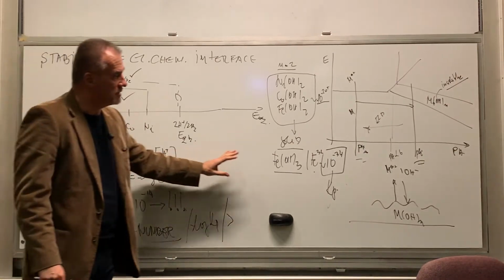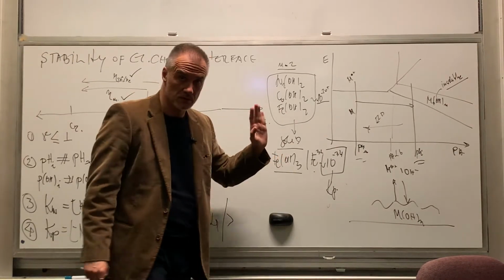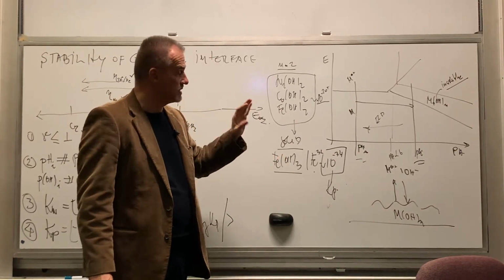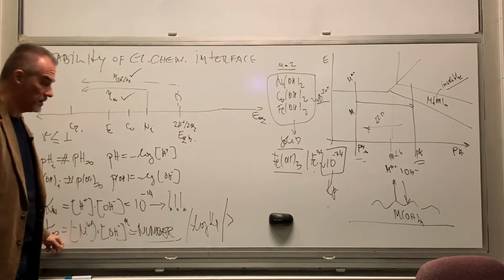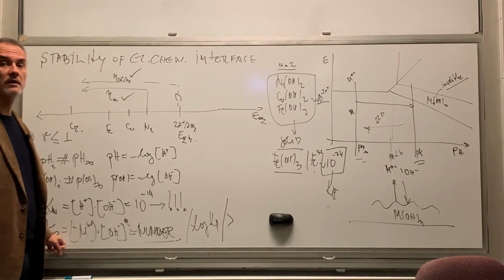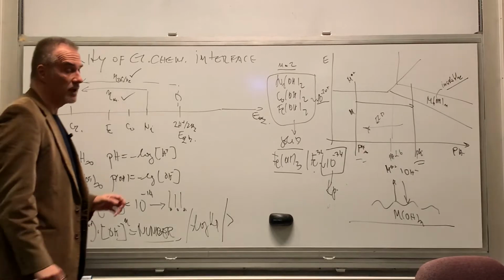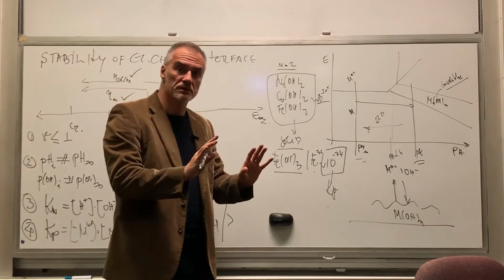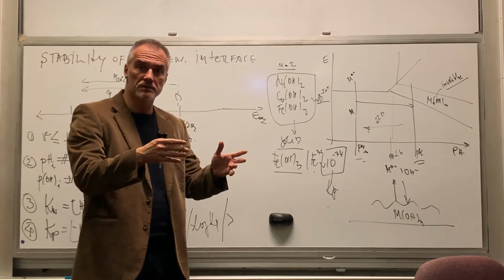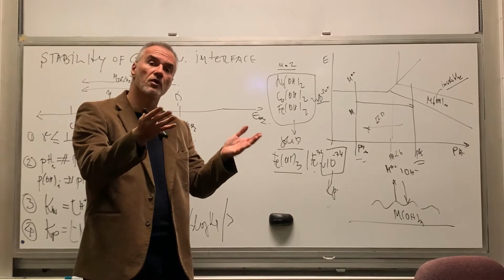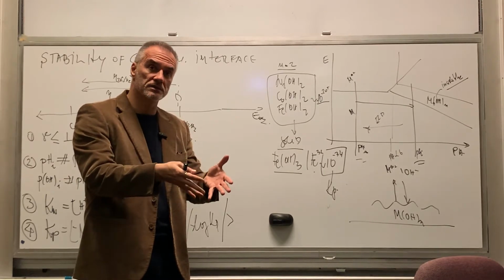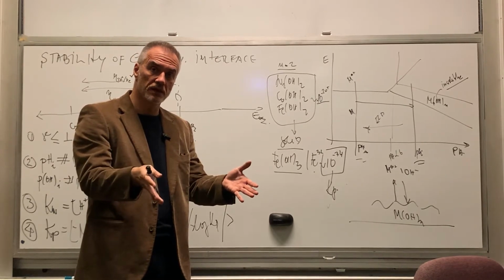What happens is that you could exceed the solubility product of the hydroxide, and while you're creating your metallic deposit, you can co-precipitate hydroxide on the surface.